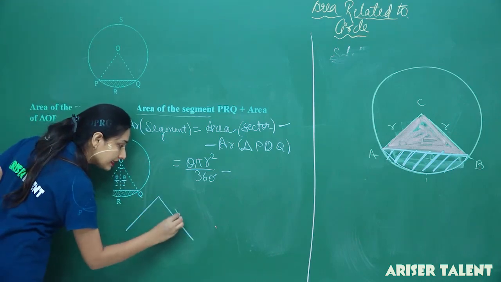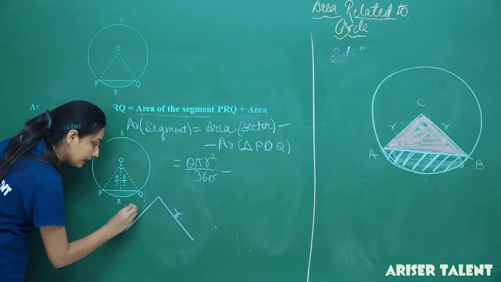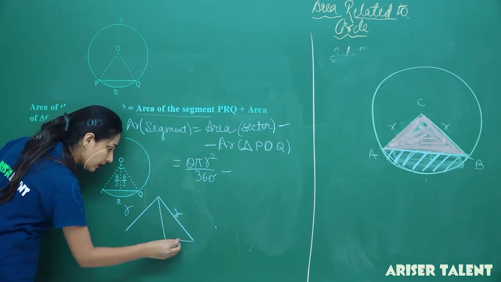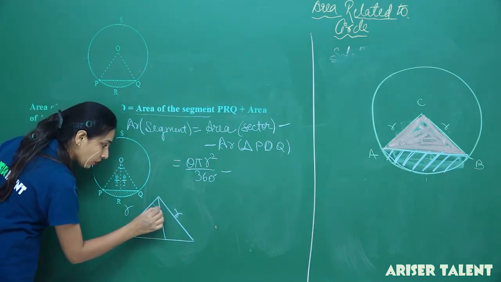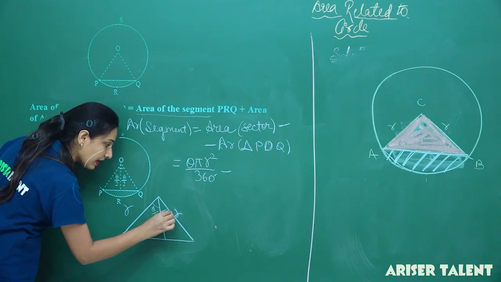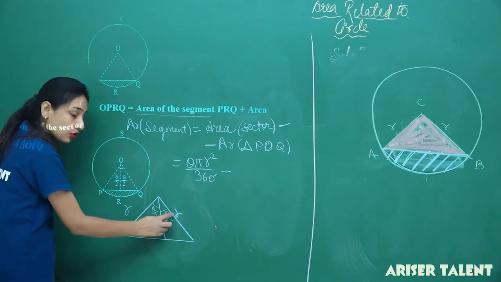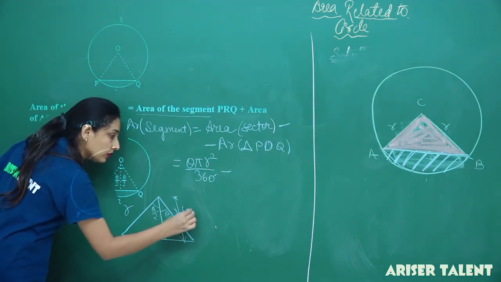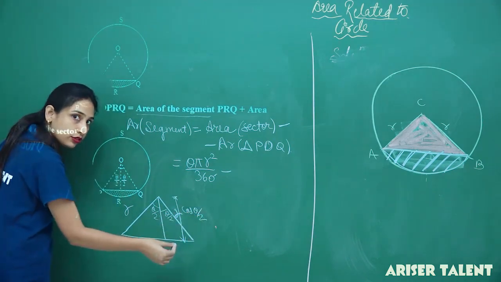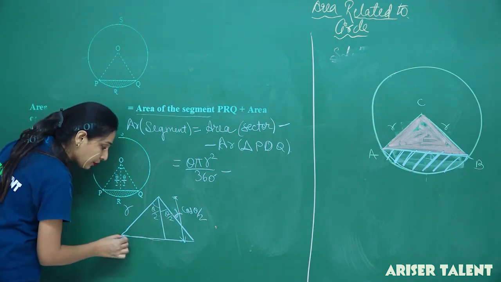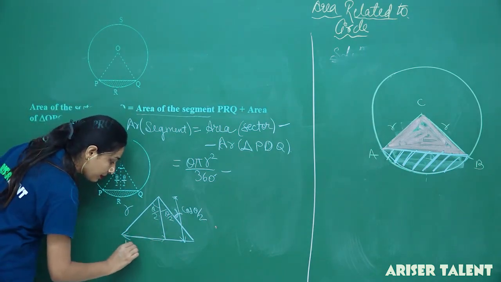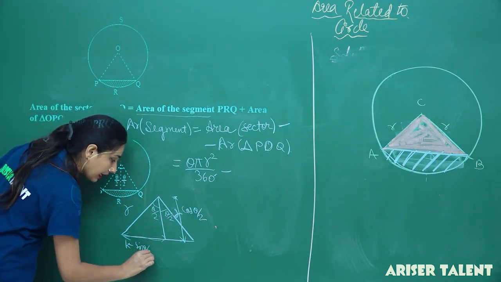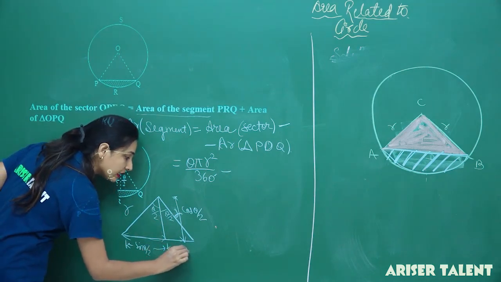This is R, this is R. So this is theta by 2, this is theta by 2. Now if this is R, what will this length be? In terms of cos, that will be R cos theta by 2, right, students? And this portion will be R sin theta by 2, and this will again be R sin theta by 2.